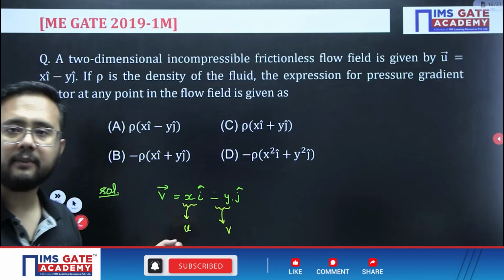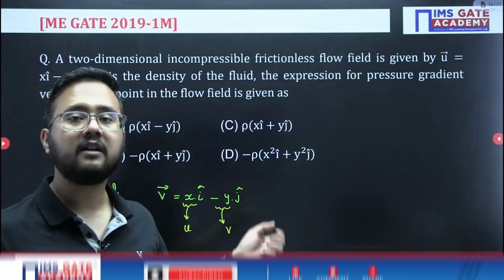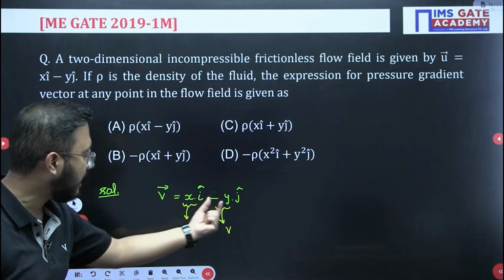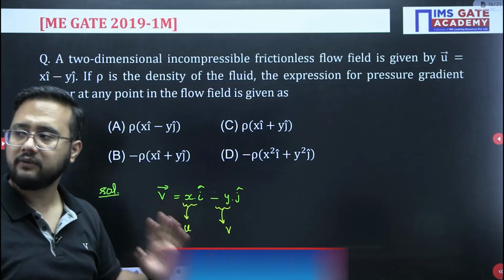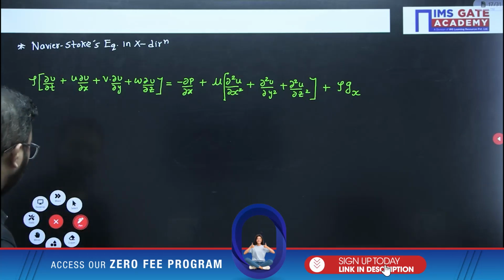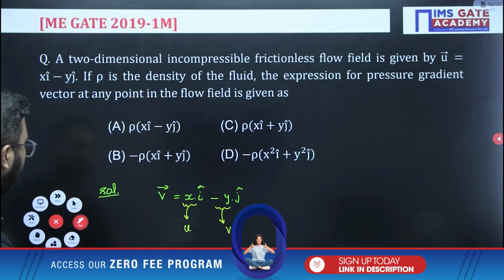So u i cap plus v j cap plus w k cap is the velocity vector. This u value is x, and minus y is the value of v. This thing we should know, right? Now all those conditions we need to apply in this particular question.